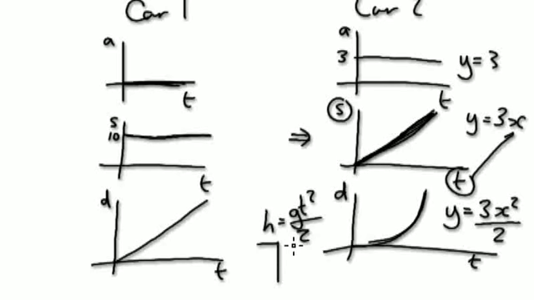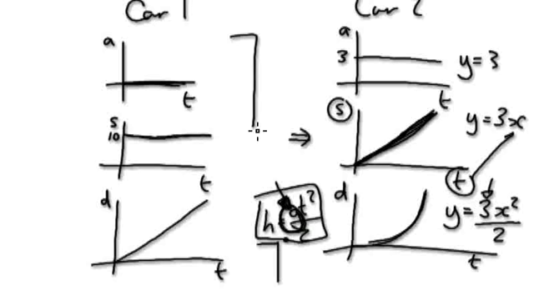When an object free falls from a tower, it will obey this. The gravity is always constant, it's always there. This g is really an acceleration, because when you drop a cannonball off a tower, no matter where the ball is, the gravity is always pulling it down by 10 meters per second squared.